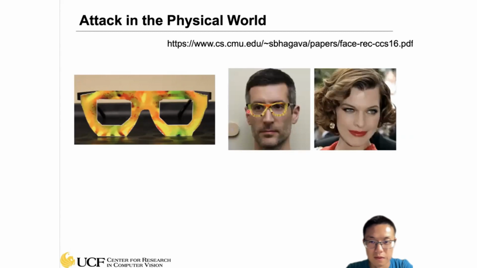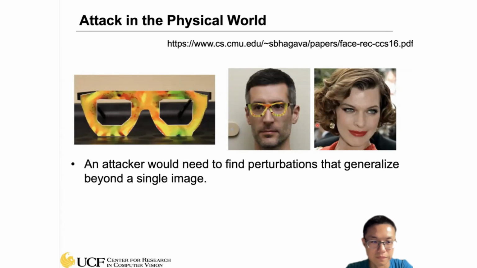Okay. So this example we mentioned in the very beginning. We can manufacture or print some patterns on a pair of glasses, and when people wear these glasses, a face recognition model will fail the prediction. So this person will be misclassified as having a different identity.